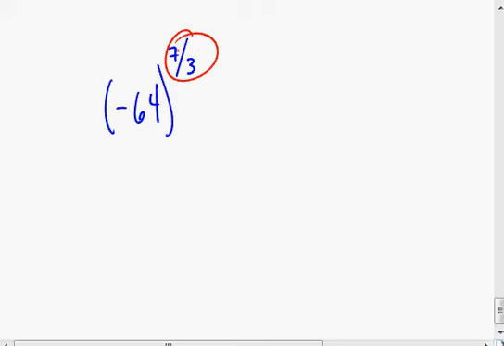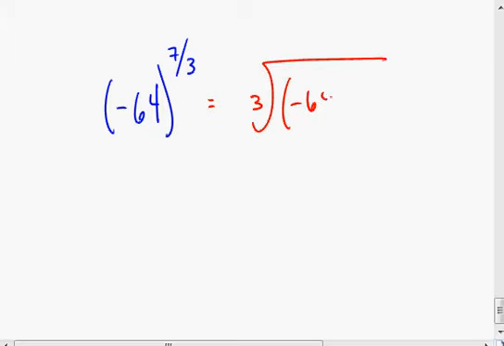We call this a rational exponent, right? If you want to, you could rewrite this in radical form. This would be the 3rd root of negative 64 to the 7th power. We have 7 negative 64s in there.